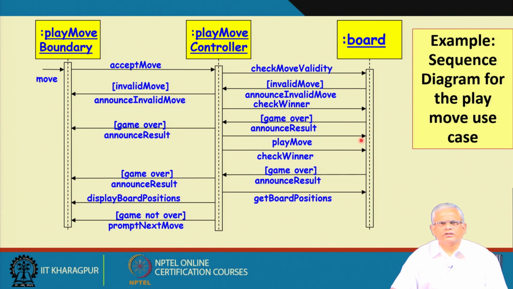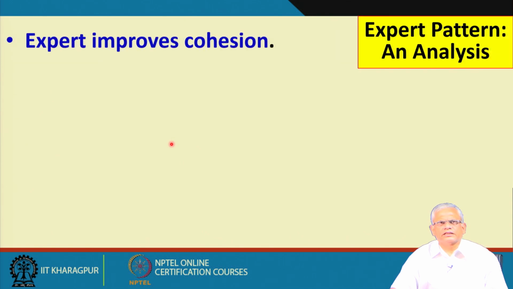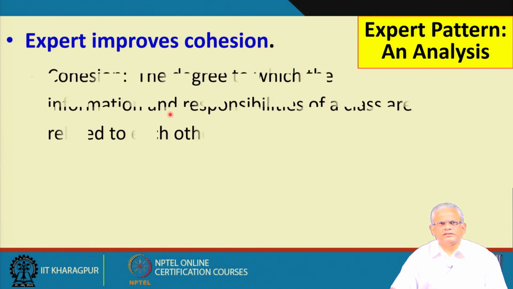We had drawn this solution earlier, but that was intuitive, and a novice can make the mistake of having the play move assigned to the controller or to the boundary, and that will be a bad solution. The expert pattern is an extremely useful pattern, usable in almost every design, and it improves the cohesion of the classes.